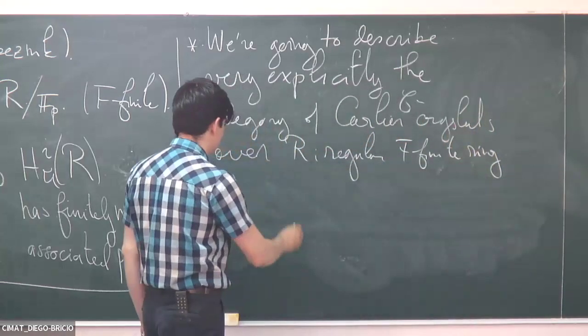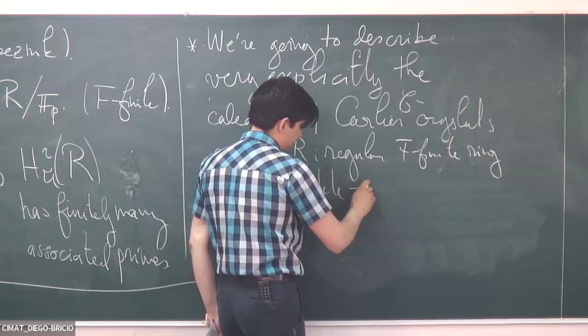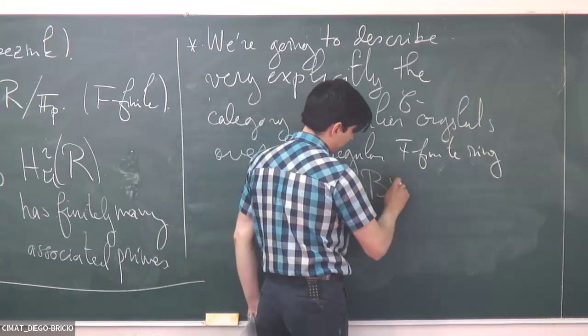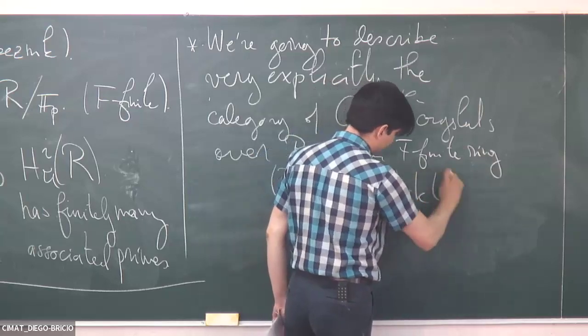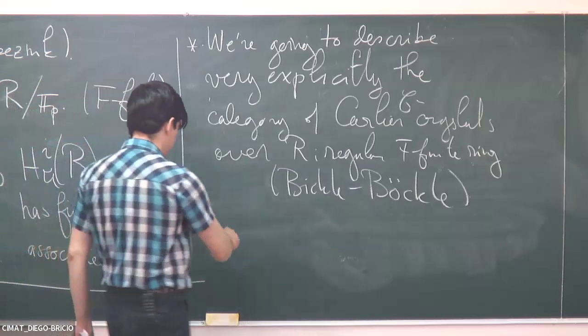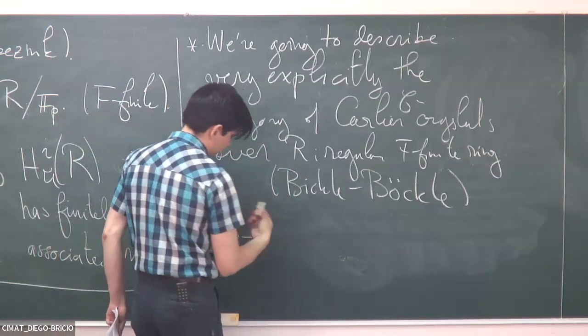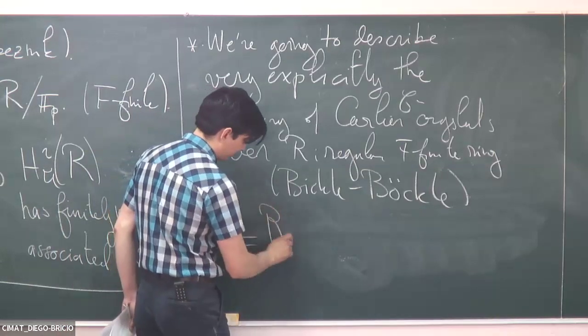This description is due to Emerton–Kisin and Böckle. And here C is going to be the free algebra generated by one operator.